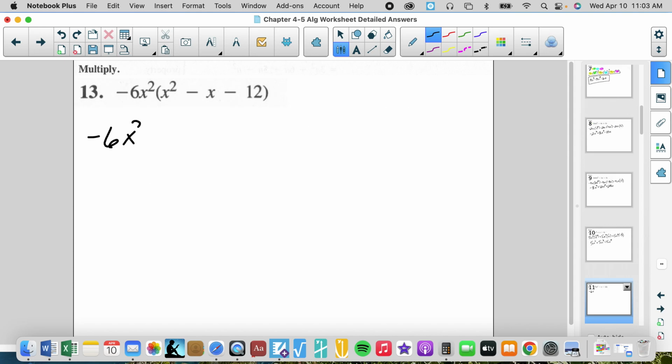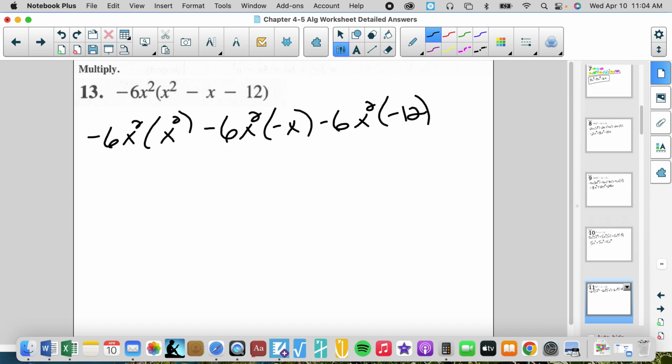Negative 6x squared times x squared minus 6x squared times negative x minus 6x squared times negative 12. That's negative 6x to the fourth, positive 6x to the third, positive 72x squared. Know our times tables.